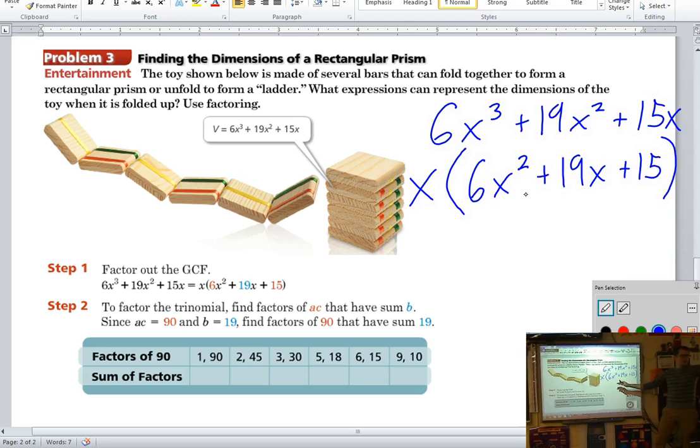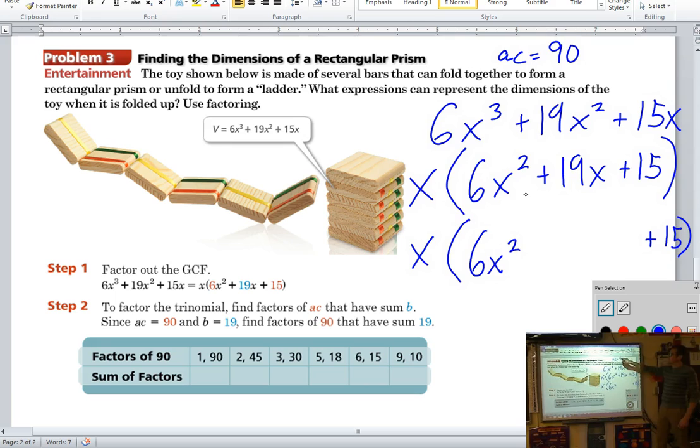So you were just talking about we can do the A, C, B thing. Explain what you're talking about. So you do A, which is the number in front of x squared, times C, which is the last number. So 6 and 15. AC is 90.